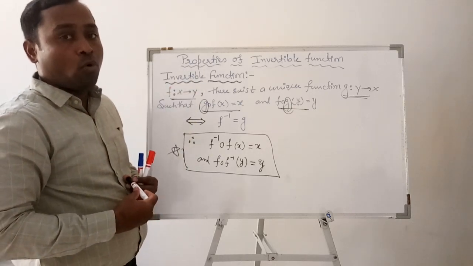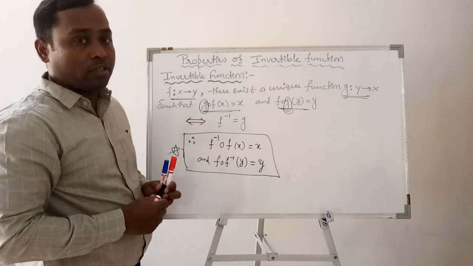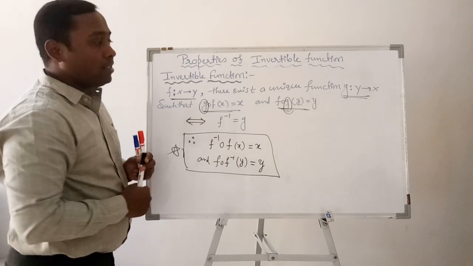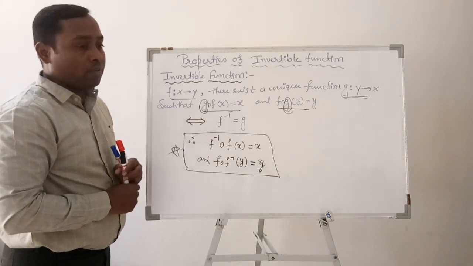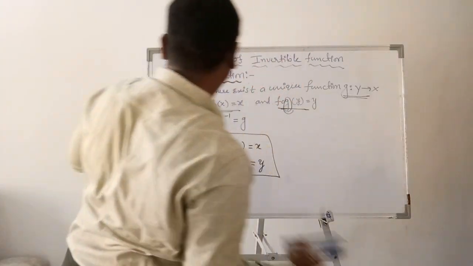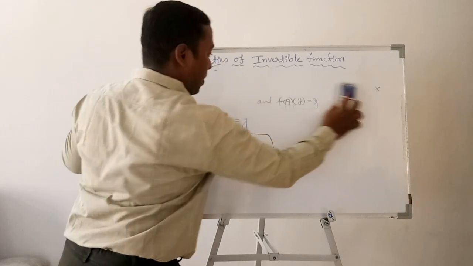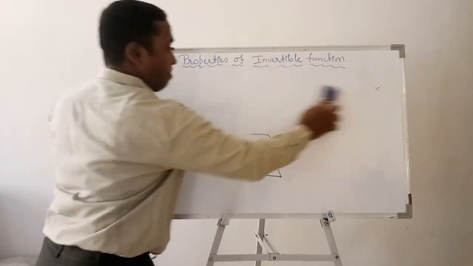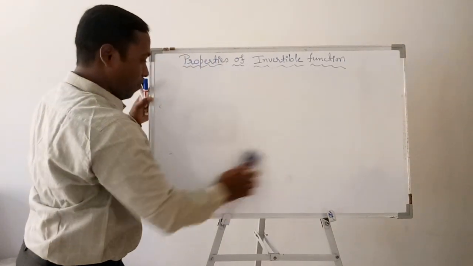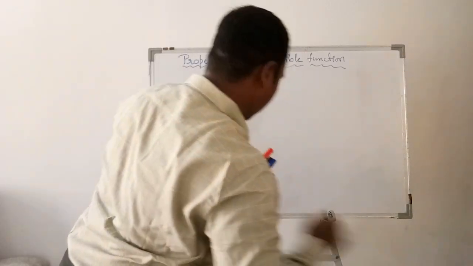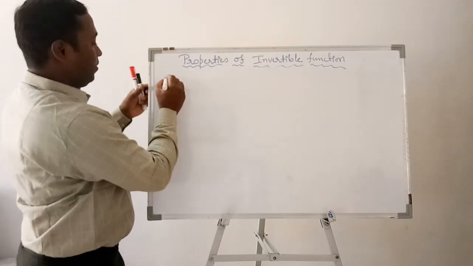Now we move on to the properties of invertible functions. Let's see the first property of the invertible function. What is the first property?